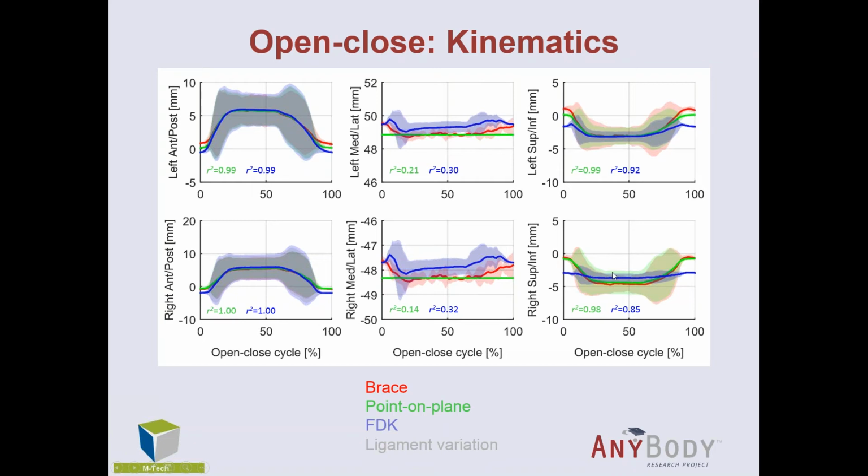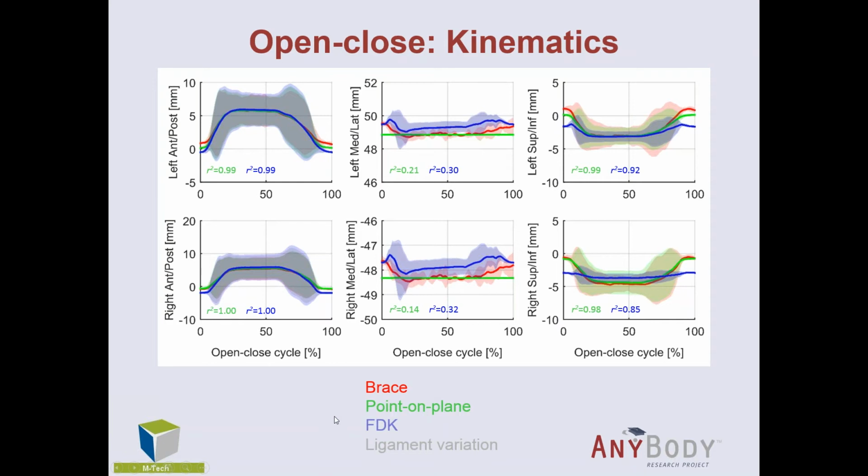And then at the bottom we have the same for the right hand side. Then in terms of colors, the red curve is the reconstructed motion if we had no constraints in the model at all. So this is what the brace would reproduce on its own if we had no joint models at all. If we had used a point on the plane model, we would get the green. If we had used FTK, it would be the blue.